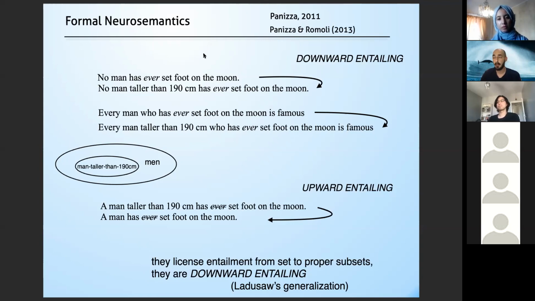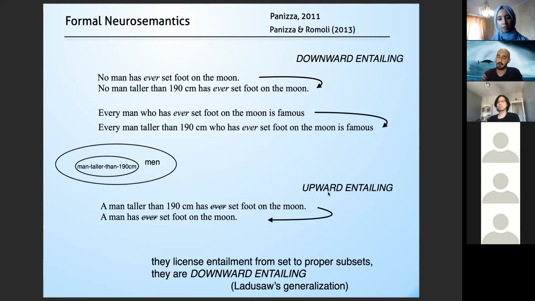So you see, you cannot have inferences from a set to a proper subset unless you are in a downward entailing context. The same way, you cannot have inference from a set to a superset including the set, unless you are in an upward entailing context.